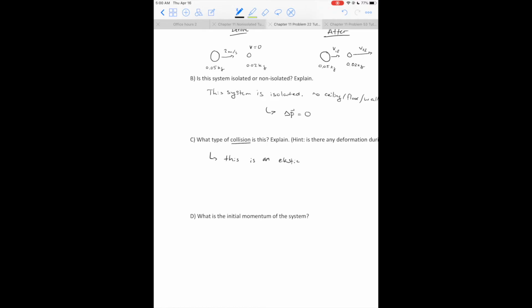When we say that this is an elastic collision, what we're actually saying is that delta KE is equal to 0. There's no change in total kinetic energy in the system before or after the collision. No deformation occurs, and there's no chance that these two marbles stick together to form a perfectly inelastic collision.